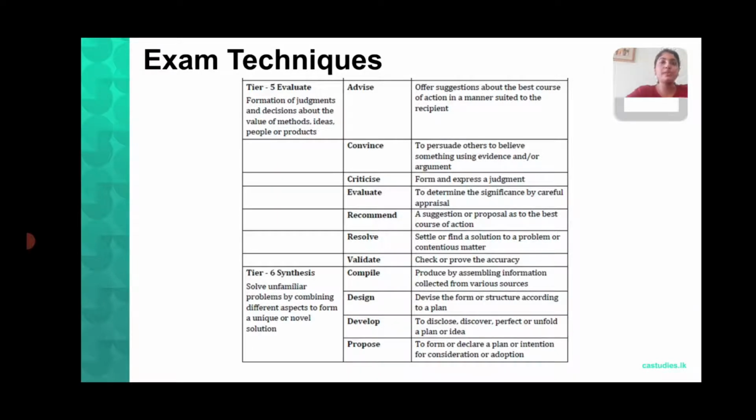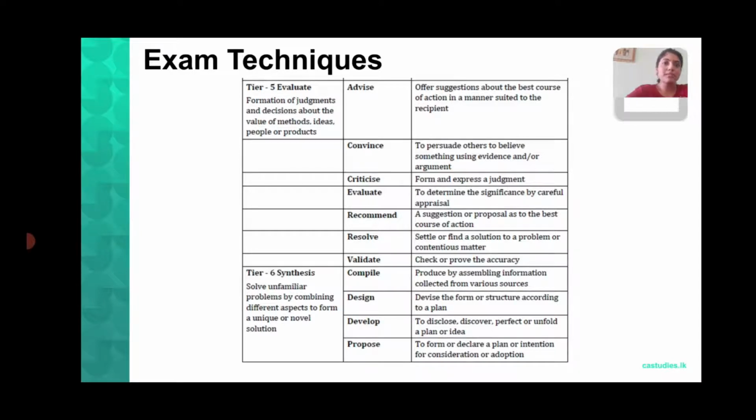So you should have very vast theoretical knowledge and be able to use multiple theories to attempt questions with words like this. Basically this level of words, meaning tier 6, will be tested in your section 3, because if they give you complex scenario questions, you will surely see words such as compile, propose, design, all of that.